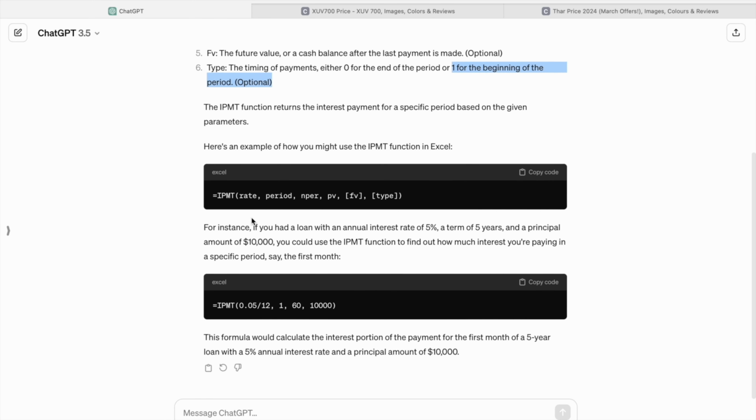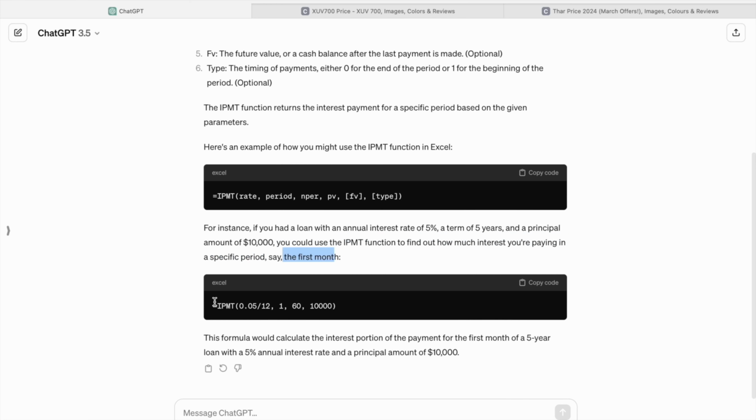So here is one example. For instance, if you had a loan with an annual interest rate of 5%, a term of 5 years, and a principal amount of 10,000, you could use the IPMT function to find out how much interest you are paying in a specific period, say the first month.